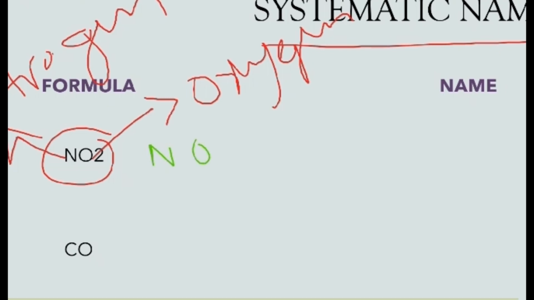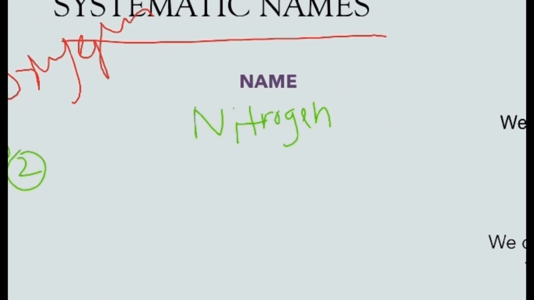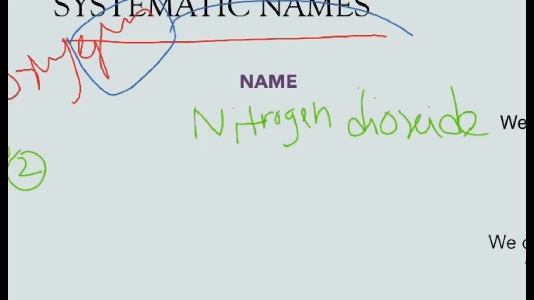One is not written beside nitrogen as a subscript because we don't usually write one while writing a chemical formula. So the name of this compound will be nitrogen dioxide. Dioxide because there are two oxygen atoms. While writing chemical names of systematic compounds, we usually replace the last letters of the anion with IDE. So here the name will be nitrogen dioxide.